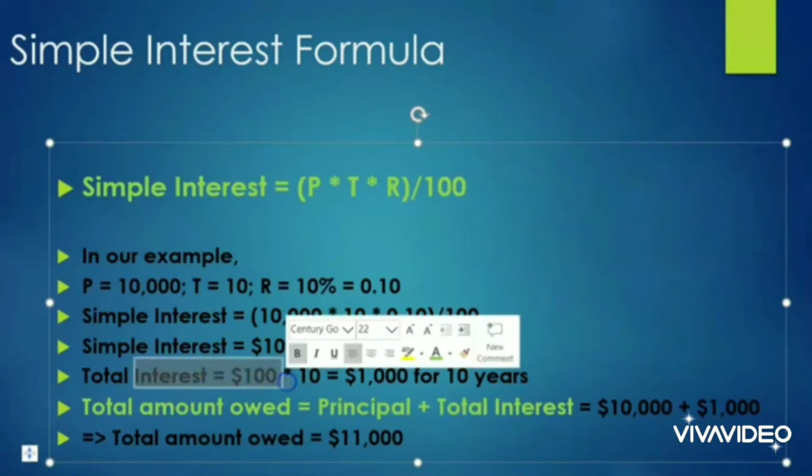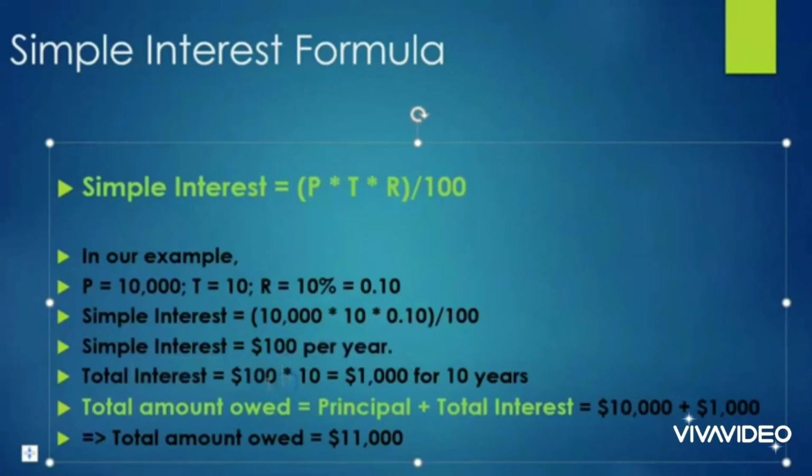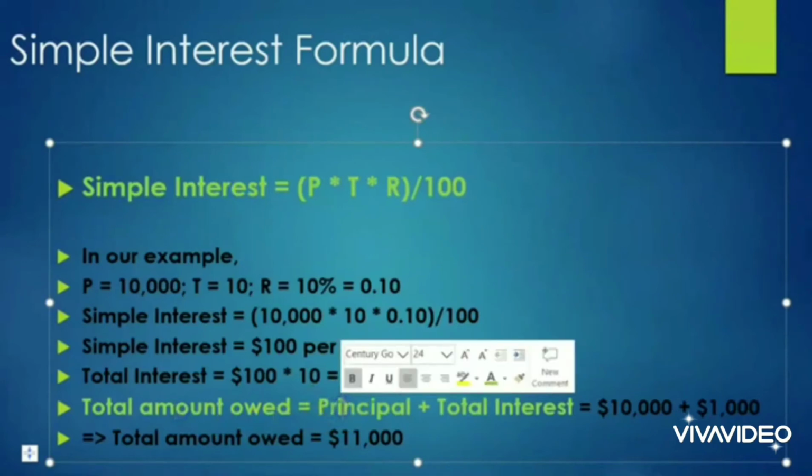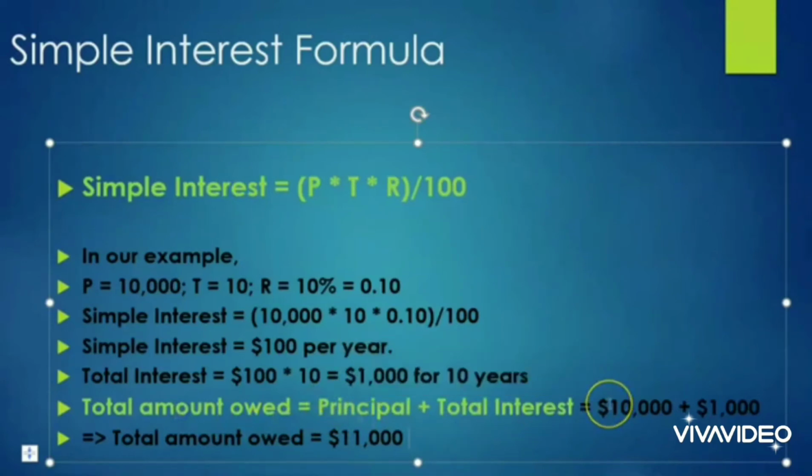In the formula it may be written PTR, but that doesn't matter, it means PRT upon 100 or PTR upon 100. So now it will be rupees 100 per year. So total interest is 100 rupees per year for 10 years. Now the amount will be principal plus total interest.